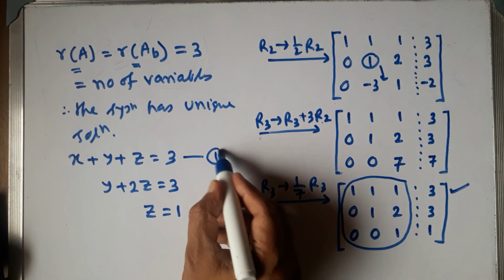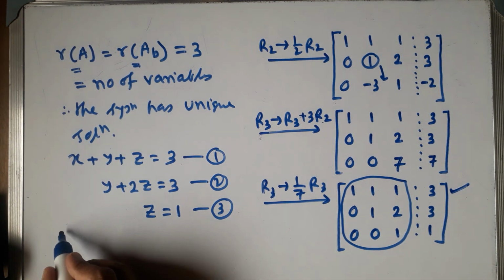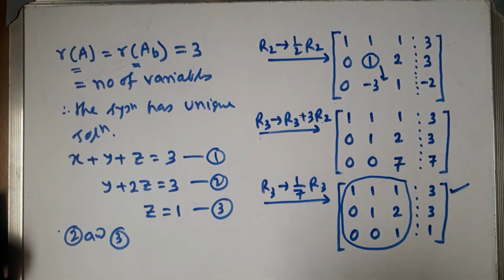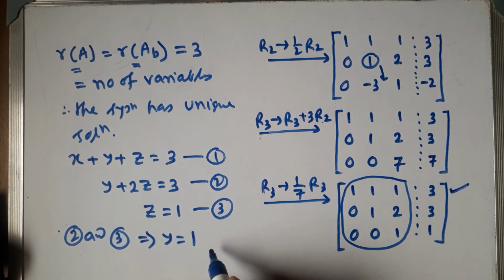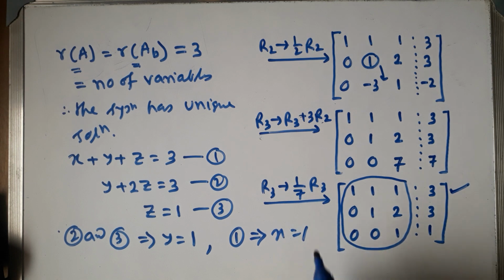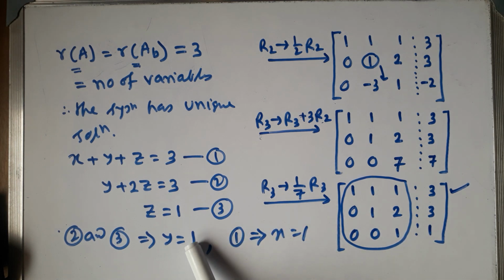This is number 1, this is number 2, number 3. So from 2 and 3 we get y is equal to 1, and from 1 we get x is equal to 1. Therefore, the solution is x is equal to 1, y is equal to 1, z is equal to 1.